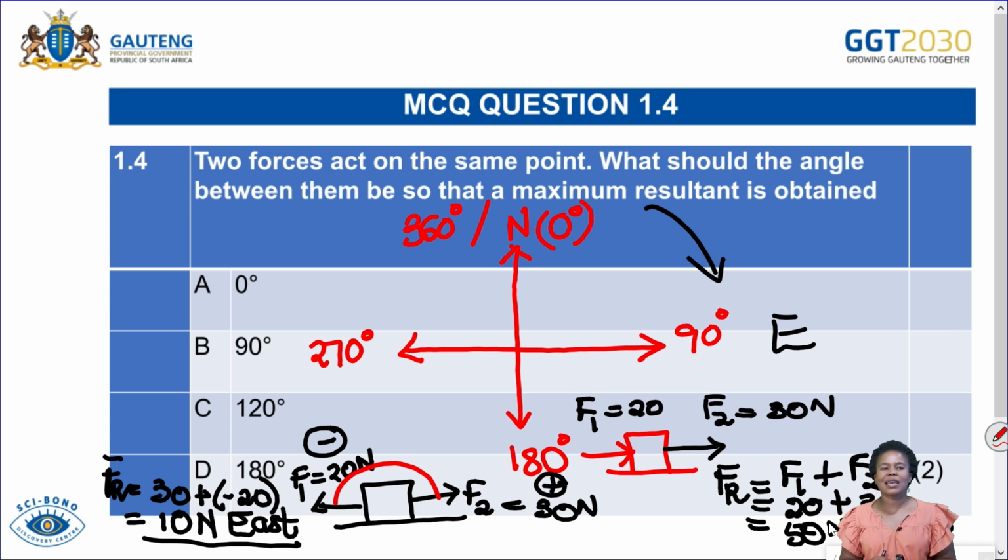So the correct answer here is that the angle should be 0, meaning the forces have to act in one direction. The correct answer in this case is A, which is 0 degrees.